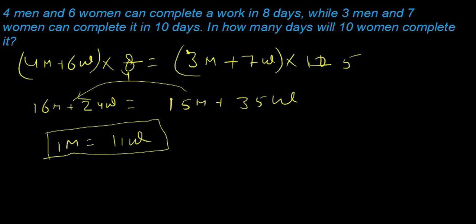Now in how many days will 10 women complete it? Any equation you like, either this one or that one, you can pick it and convert it into women and equate it.